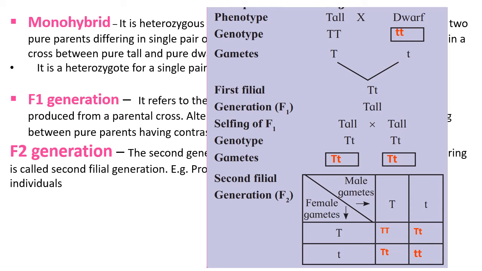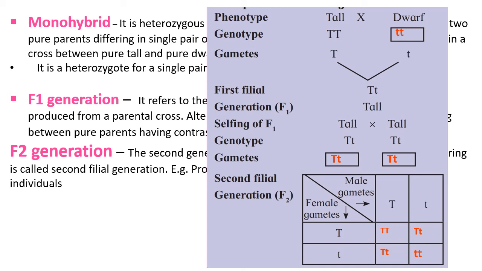Now ratio is of two types. One is phenotypic ratio and one is genotypic ratio. Depending upon the phenotype in the checkerboard, we see that in total three tall plants are produced and only one dwarf plant is produced.